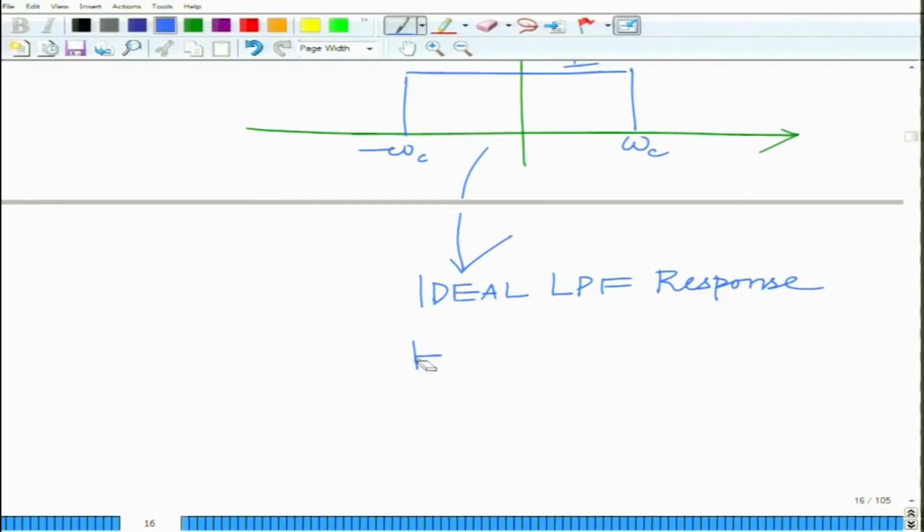This can be characterized as the response of the LTI system, H of omega equals 1 for magnitude of omega less than or equal to omega c, and this is 0 otherwise, or magnitude of omega greater than omega c.